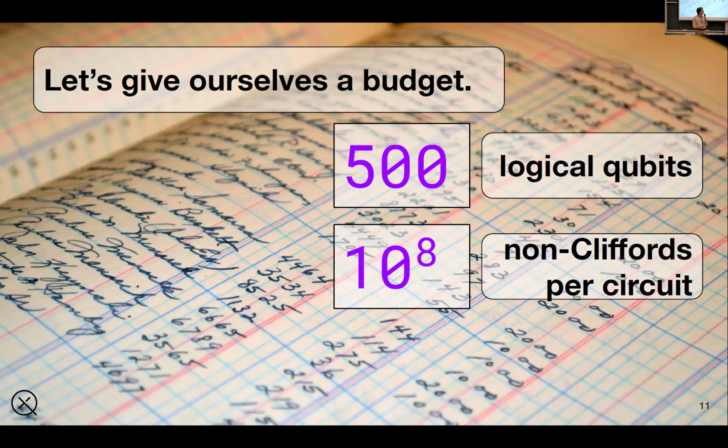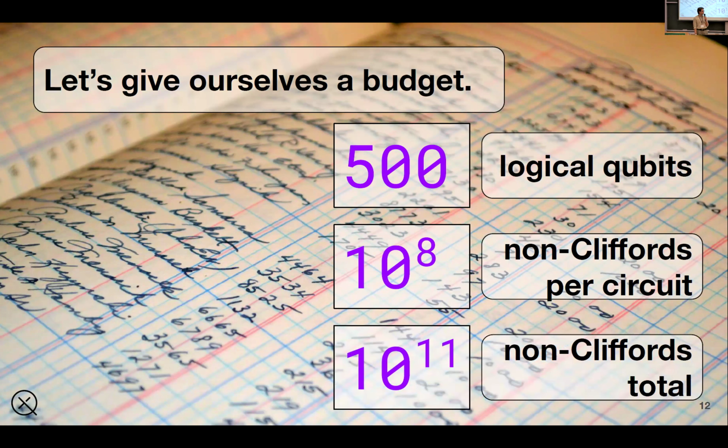However, we didn't put 10 to the 6 here because, of course, there's sort of a lower bound on how many non-Clifford gates you should be using in order to actually extract some kind of value from your quantum algorithm, right? And certainly, there's no way we can get enough value with just a single non-Clifford gate, right? And similarly with 10 or 100, it's very difficult to see how we could outperform classical simulation methods. So from combining that with the kind of capabilities we expect, we put that number at 10 to the 8.